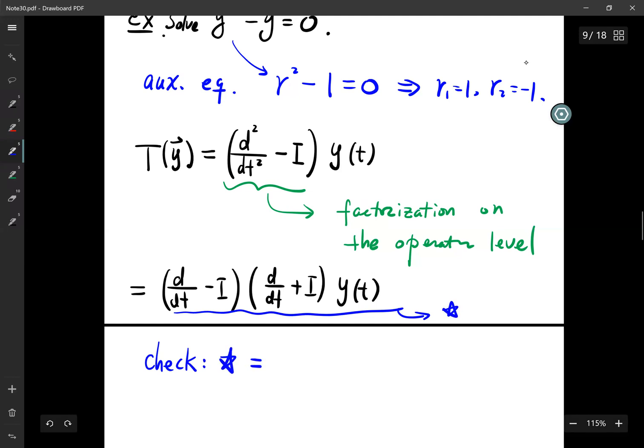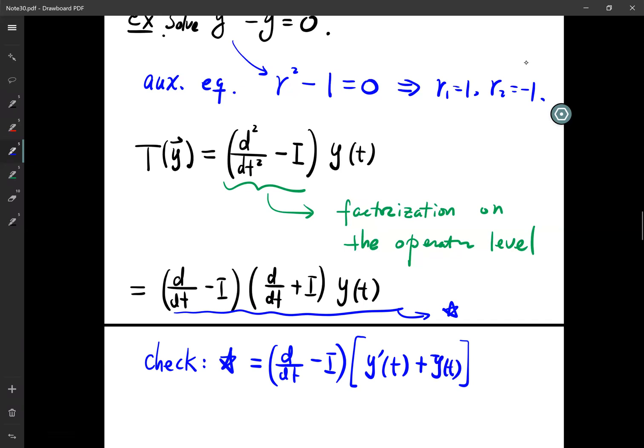Star equal to d/dt minus I. Inside, it becomes a new function. This is an operator as well. It maps an infinitely differentiable function to an infinitely differentiable function, y prime of t plus y of t. Everyone's following? Any question?